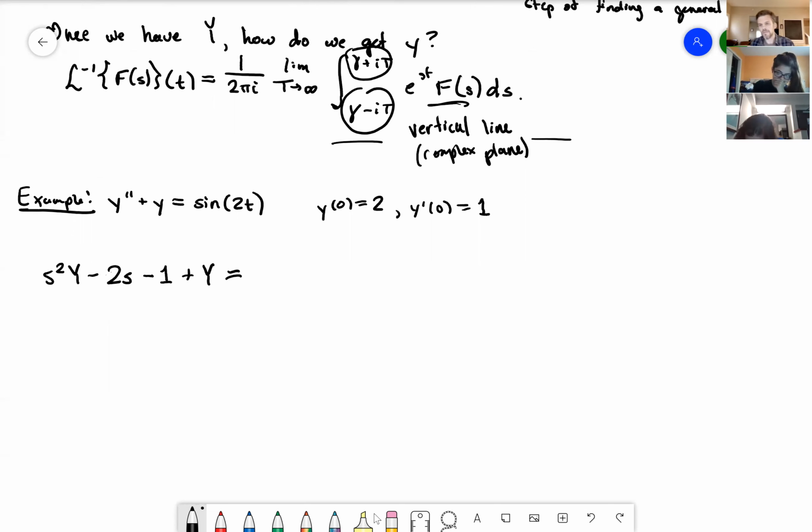Now, yesterday we figured out what the Laplace transform of sine of 2t will be. The Laplace transform of sine of at was a over s squared plus a squared, so with a equal to 2, it's 2 over s squared plus 4.